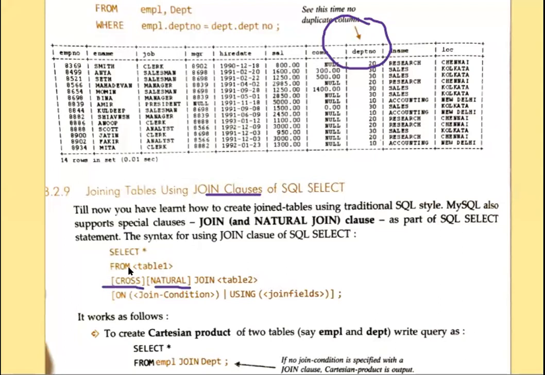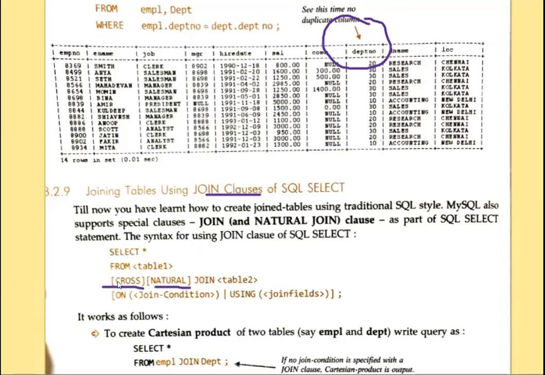Select asterisk from. Now, try to understand the syntax. If we write anything in angular brackets, it means this will not come directly; instead of this, something else will come. Select is constant, asterisk is again fixed, from is again fixed, but here the table name will come.